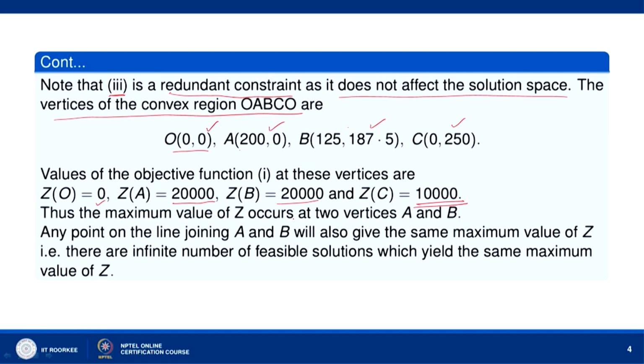Thus the maximum value of z occurs at two vertices A and B. Any point on the line joining A and B will also give the same maximum value of z. Thus, there are an infinite number of feasible solutions which yield the same maximum value of z. So, this is an example of infinite number of feasible solutions.